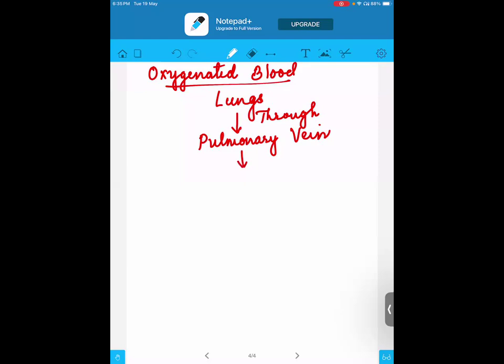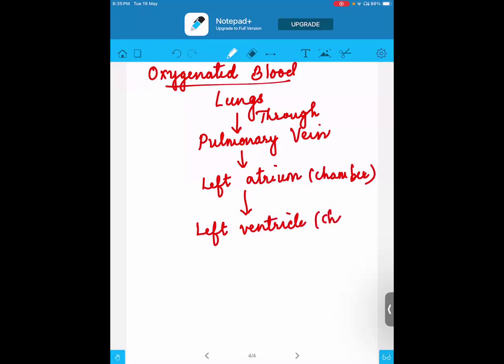Now, from the pulmonary vein, it goes into the left atrium, which is a kind of chamber. Now, once here the blood is full, they will be sending it to the next chamber, which is called as the left ventricle, which is again a chamber.